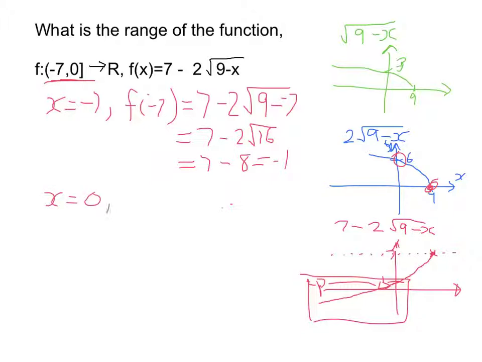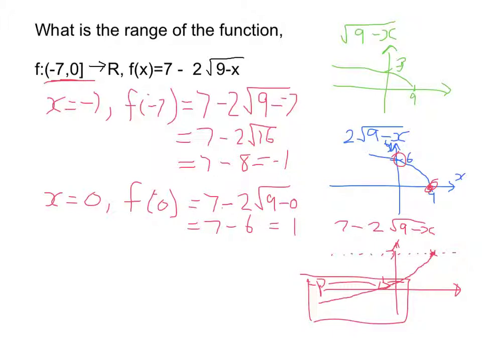then f of 0 will be 7 take away 2 root of 9 minus 0, which is 7 take away 2 times the square root of 9, which is 3, so 2 times 3 is 6, and 7 take away 6 is +1.